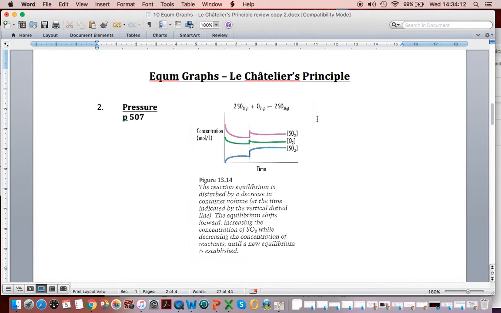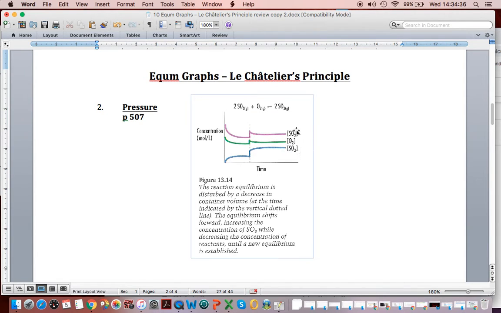On the product side, we have 2 moles of gas, and 3 moles of gas on the reactant side, according to coefficients. 2 and 1 is 3, and there's our 2. More pressure, because of smaller volume, shifts to the right. So the SO3 keeps going up, and the SO2 and the O2 both drop.